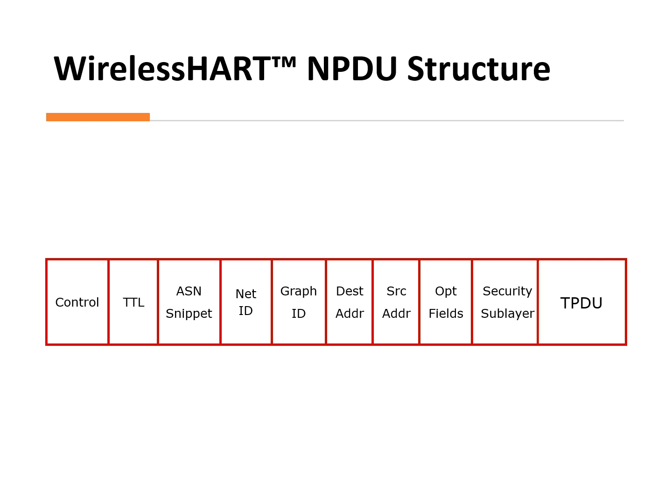It includes the creation timestamp of the packet. A network ID, which specifies a unique network number to which the packet belongs. A graph ID, which is used to route the packet across the network. A destination address and a source address for routing purposes. An additional field which may contain some additional routing information.